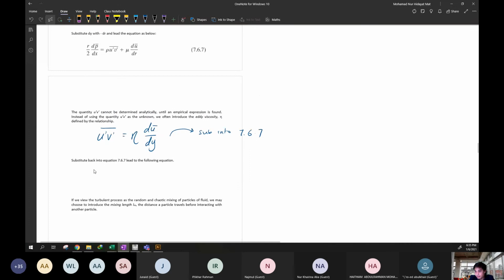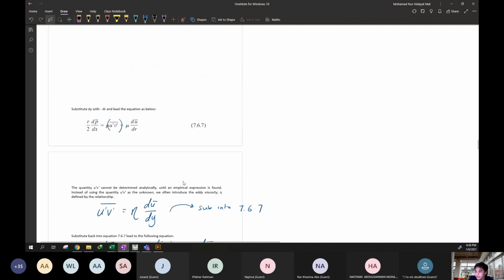So R over 2 dp over dx equal to rho, this one, we replace with this one, du over dy, k minus mu du dr. Basically this.